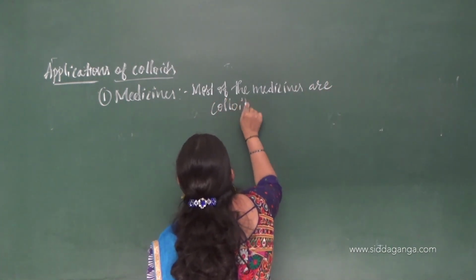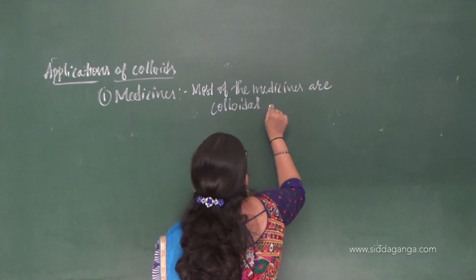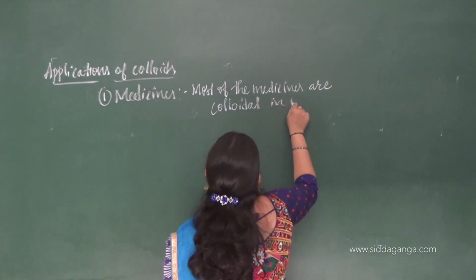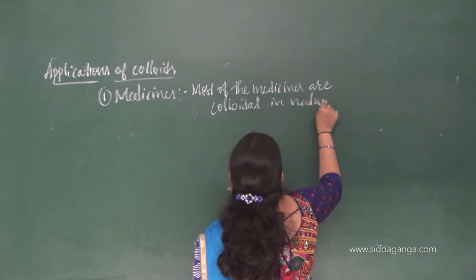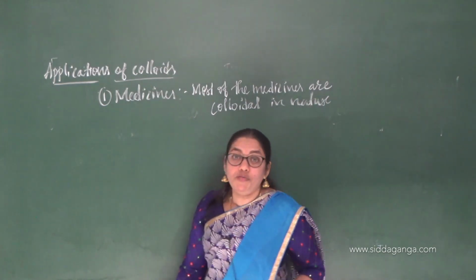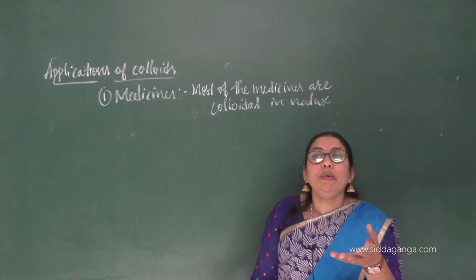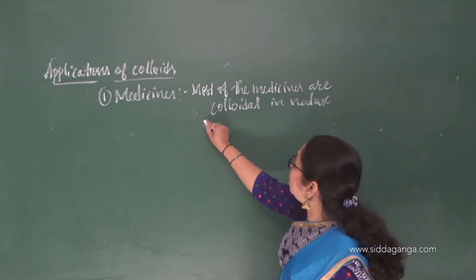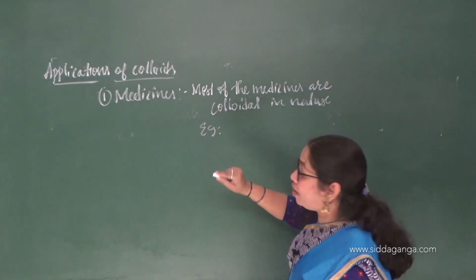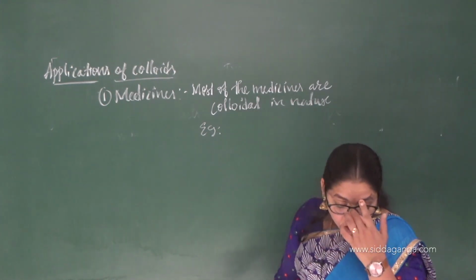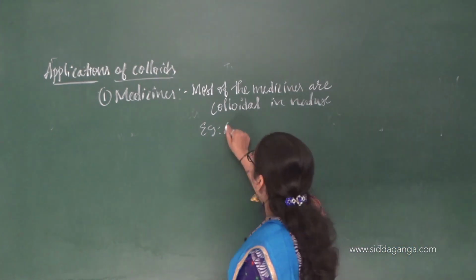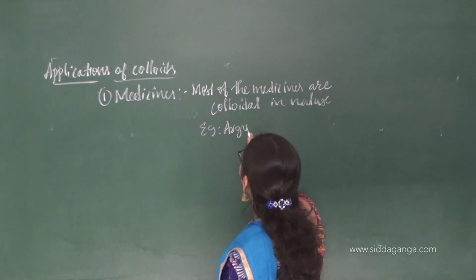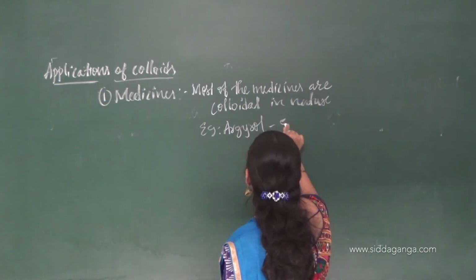You can have syrups, the best example, that you use during coughing or sneezing. They are colloidal in nature, right? Another example is argyrol. There is one drug, what is that? Argyrol can be used as an eye lotion.